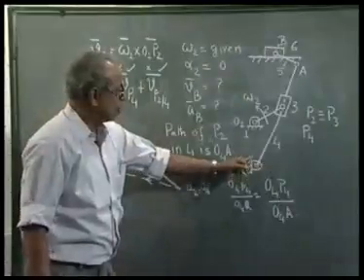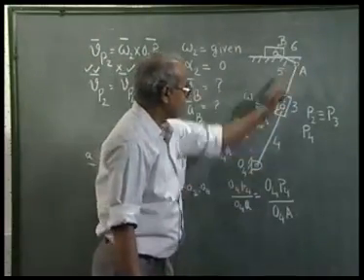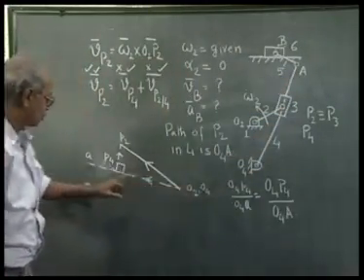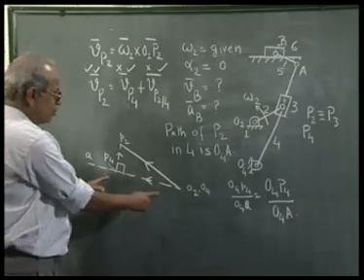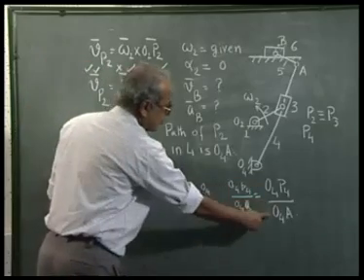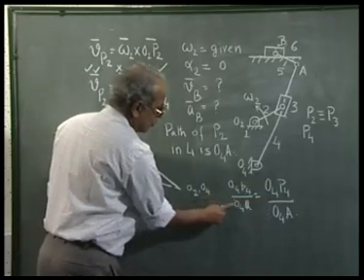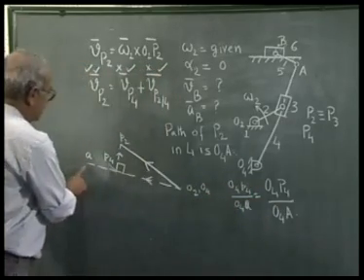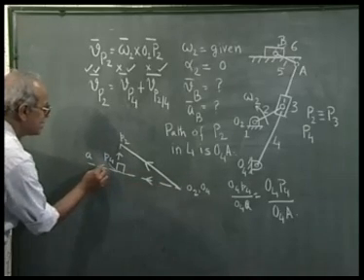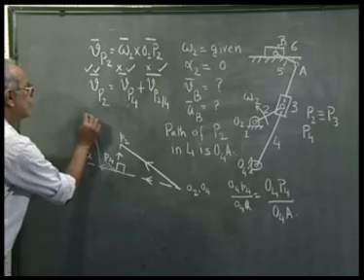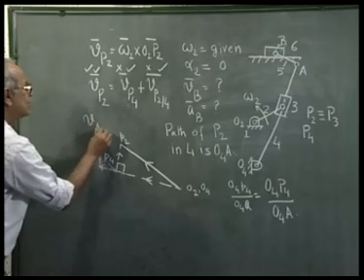Here, as you see, O4 P4 A are in one line. So, here also small o4, small p4 and small a are in one line, and the ratio is also the same. So, I determine the point a, and this o4 a determines the vector VA, velocity of the point A.